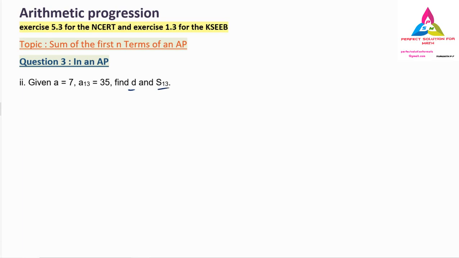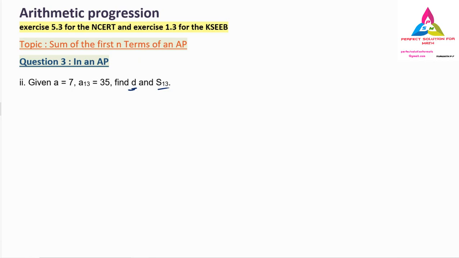When a question like this comes, we can see they have not mentioned the n value, and they have not mentioned any other value, because we have to find the d value, which also they have not mentioned. So how do we solve a problem like this? Actually they have mentioned the n value, it is visible to us, but they have not given it directly.